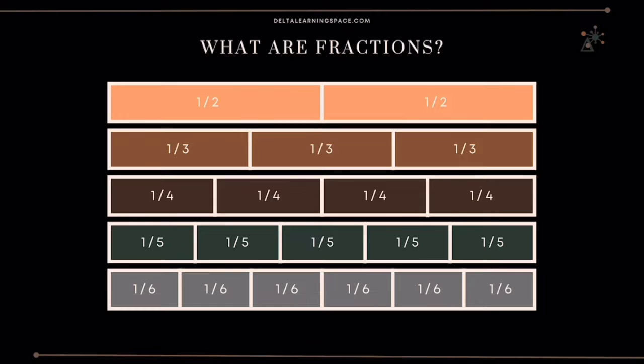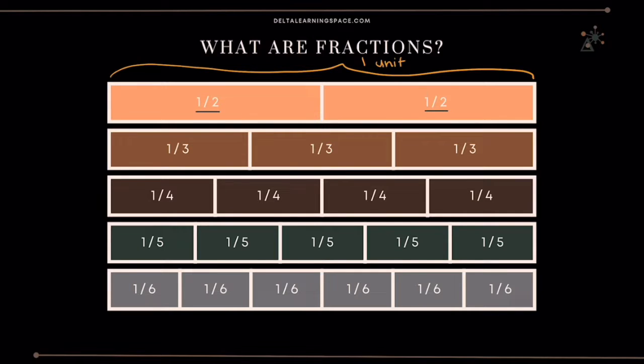Here we have another representation of fractions. All of these will represent 1 unit. And so for fractions, we cut units into equal pieces. Our orange block is cut into 2 equal pieces, making it 1/2 and another 1/2.